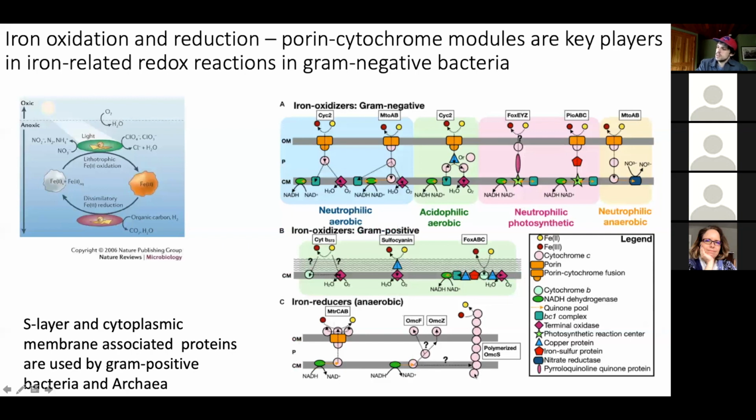OmcS is a tetraheme cytochrome, so it has four heme groups, and it actually forms polymers, kind of like pili, long chains of OmcS that extend out from the cytoplasmic membrane to the outside of the cell. The way the heme groups of these cytochromes link up should allow electrons to get out from the cytoplasm to iron that's outside of the cell.